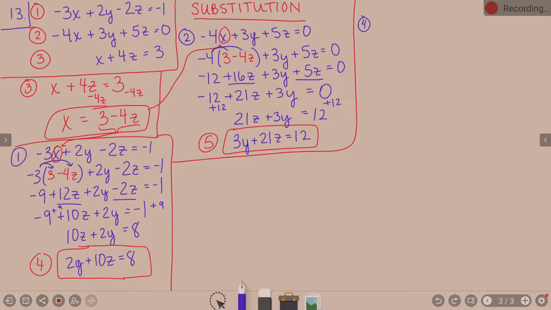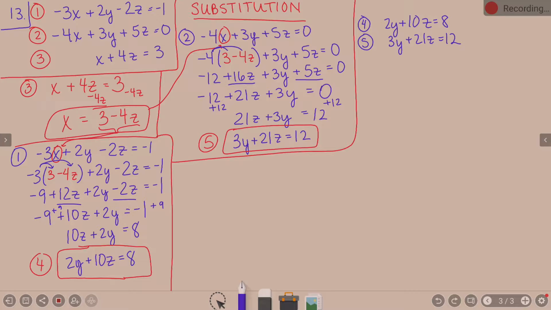So 4, I have 2y plus 10z equals 8. And 5, I have 3y plus 21z equals 12. To me, I see elimination here.